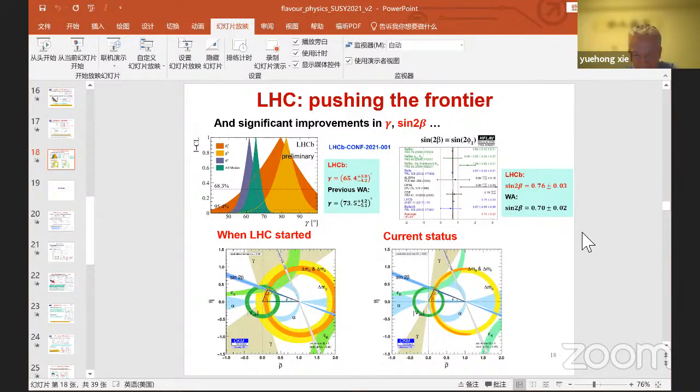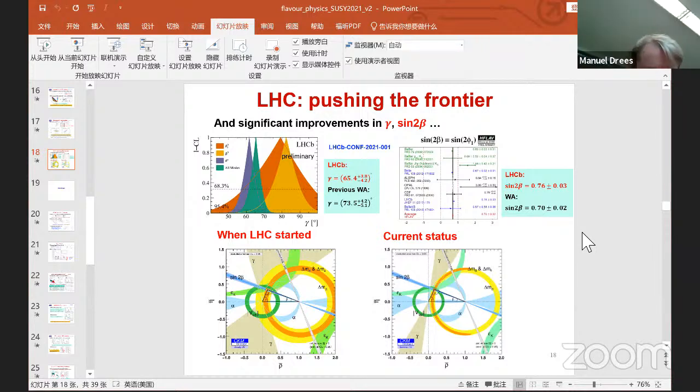It is true that we have had huge progress in measuring the angle alpha. But you're right, it shouldn't become worse. Maybe it's just an artificial effect. It is just an artifact.